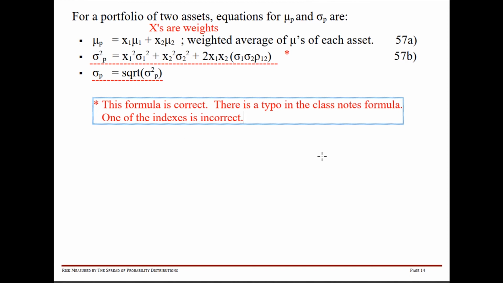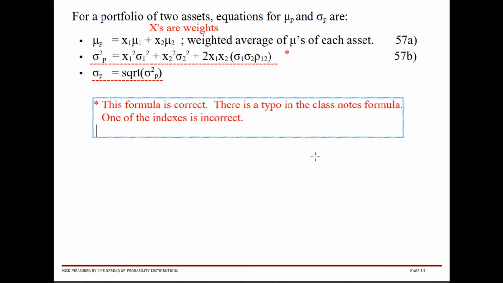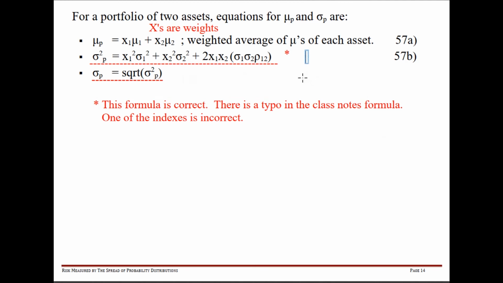One of the indexes is incorrect in the class notes. Yeah, that's all I'll say about that. But this formula is correct. There's a mistake, I think, in this term. It says sigma 1 squared here when it should be sigma 2 squared. Minor typo, but I just want to make sure I caught it for you here. So this version of the formula is correct.